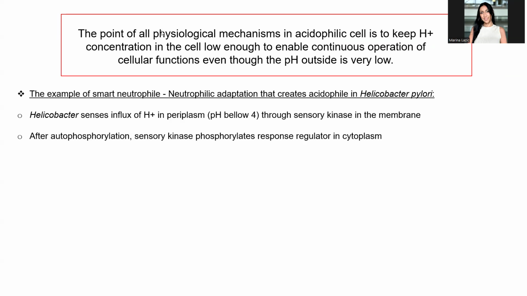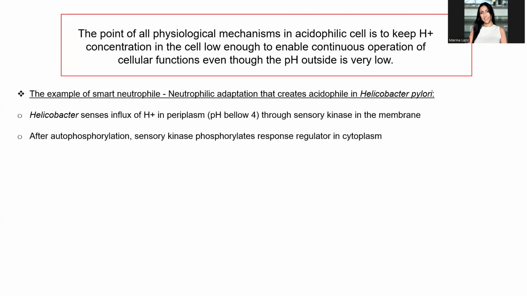So what Helicobacter does, it actually senses H+. When you get Helicobacter in your gut, your stomach is very acidic, very low pH. So Helicobacter feels that low pH, usually below 4, in its periplasm. The way it feels it is through a sensory kinase in the membrane. So the way Helicobacter feels the low pH of the gut is through a two component regulatory system, which again has autophosphorylation and dephosphorylation.